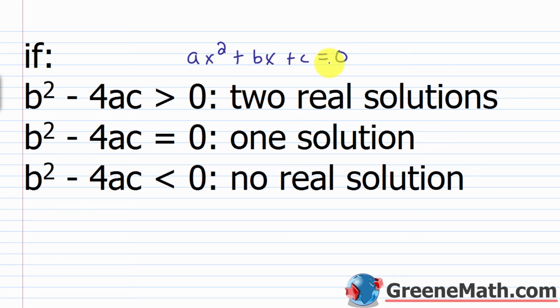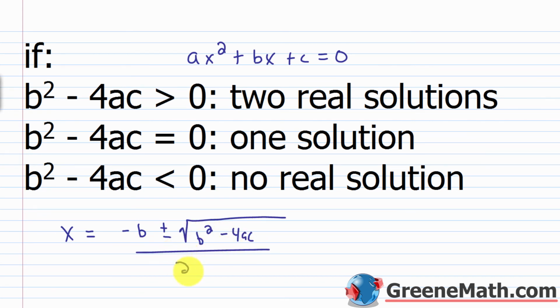So x is equal to negative b plus or minus the square root of b squared minus 4ac all over 2a. What we're going to focus on here is the part under the square root symbol. This is known as the discriminant. The discriminant gives us information about the number of x-intercepts we're going to get. We'll cover that in a second.